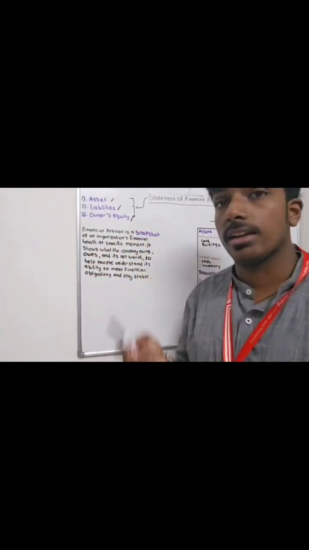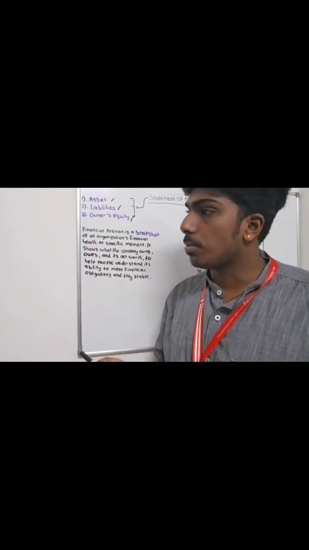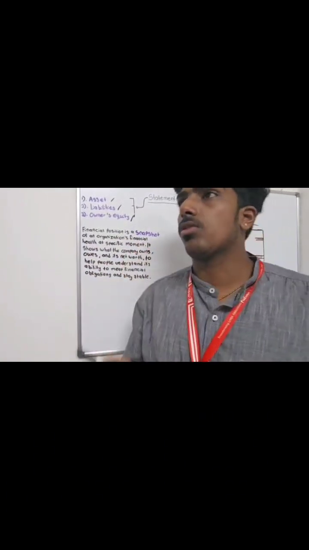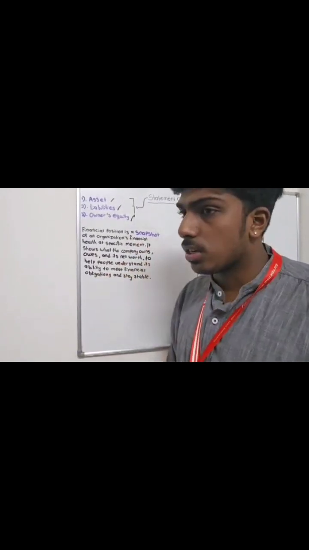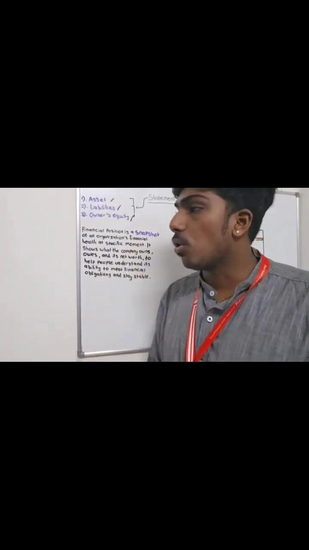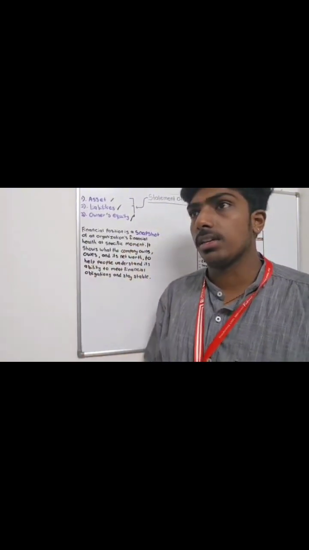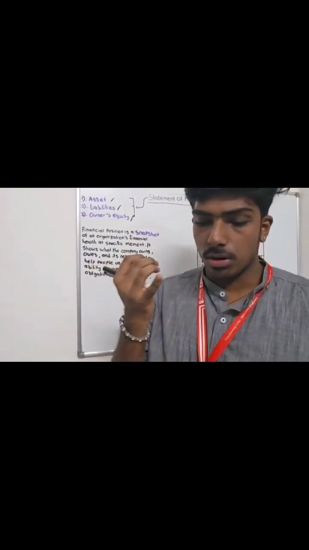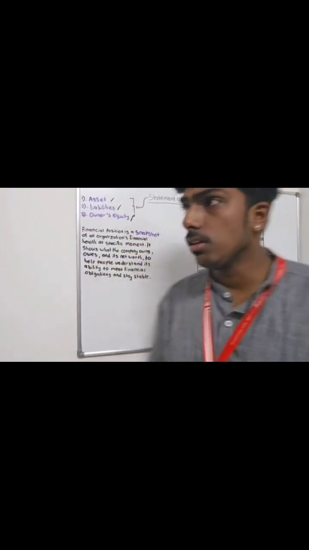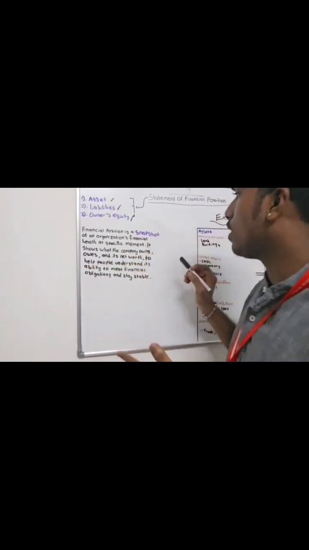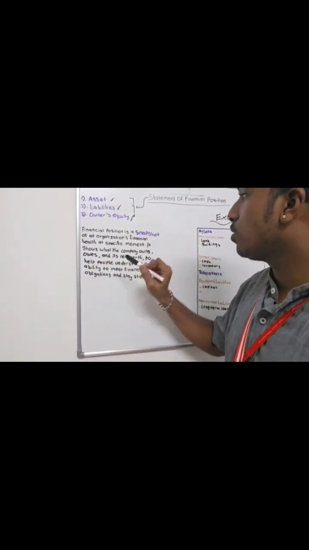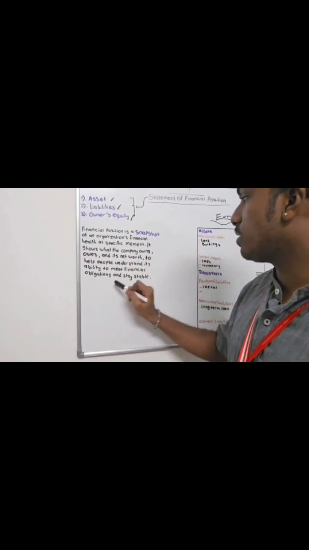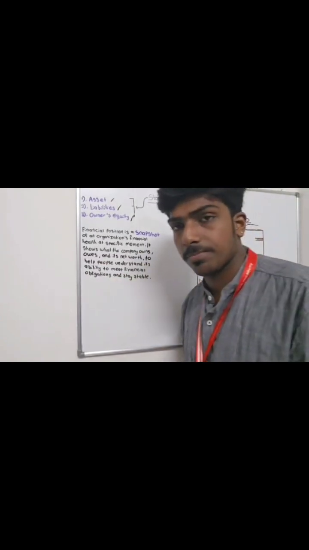Assets are what the company owns, like cash or properties. Liabilities are what the company owes, like debts or payables. Owner's equity is the owner's share in the company, like capital or retained earnings. This statement helps people understand the company's ability to meet financial obligations and stay stable.